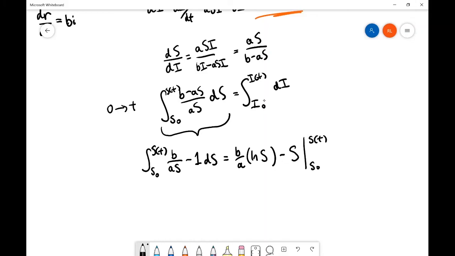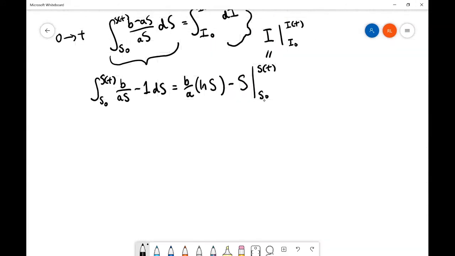And if we integrate this side right here, we should get just I from I_0 to I(t). And these are equal to each other.